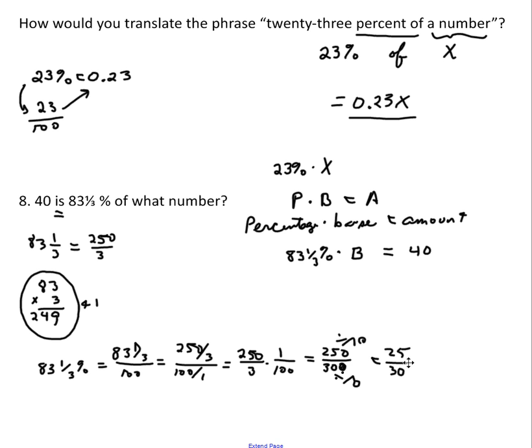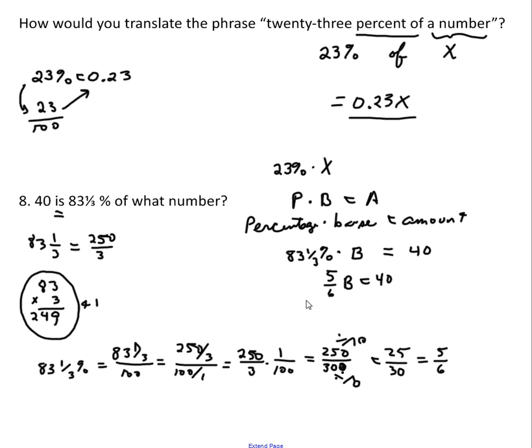Well, of course, that's 5. If you divide the numerator by 5, you get 5. If you divide the denominator, 30, by 5, you get 6. So in fact, writing 83 and 1/3% is the equivalent of saying 5/6 times b equals 40.